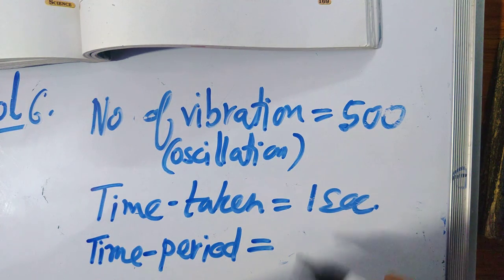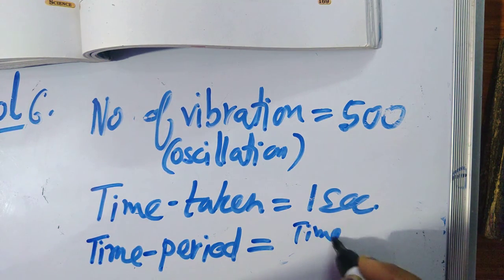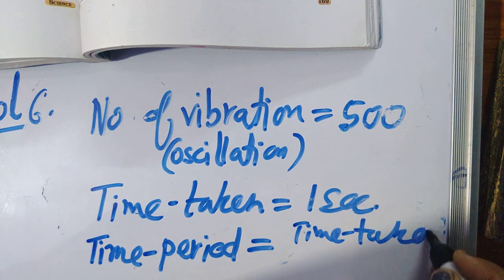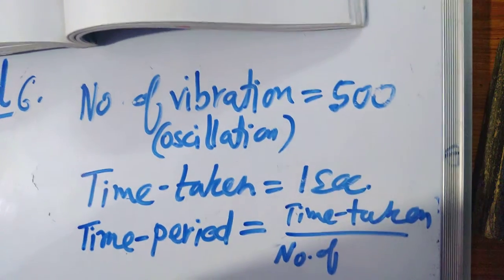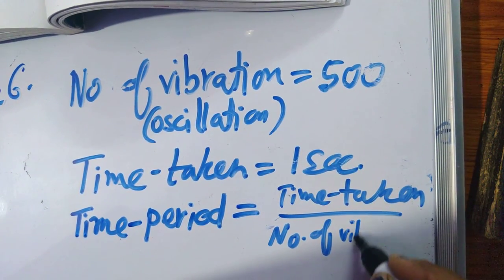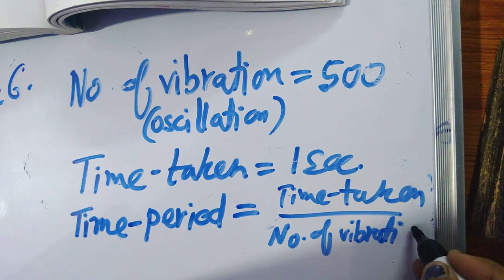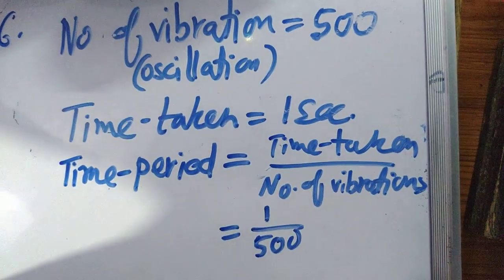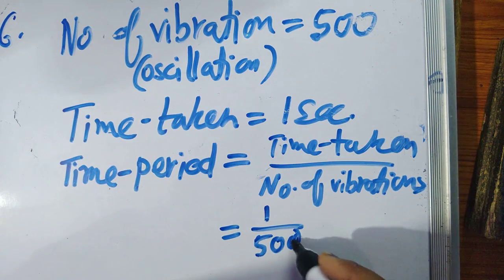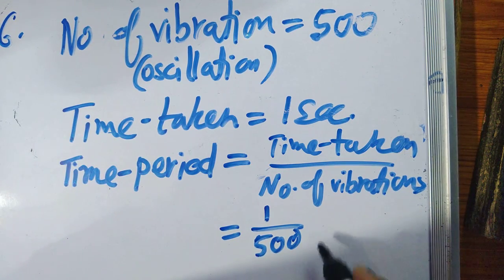Time period was time taken upon number of vibrations, because vibration is actually oscillations. Got it? So put the values. Time taken was 1 second, number of vibrations was 500. So we have put the values, then we got, if you cancel, otherwise you just try to solve this.